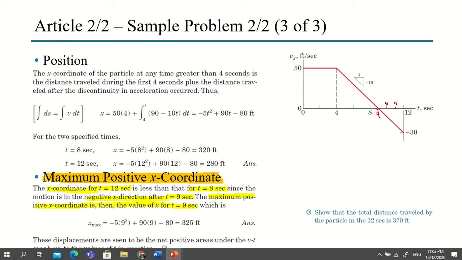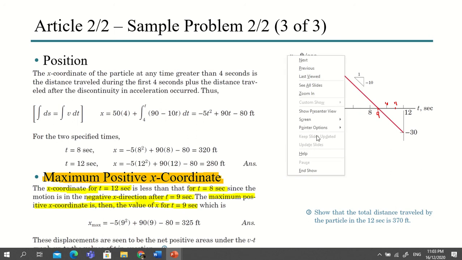After this 9 seconds, the direction is towards negative, because below is negative, up is positive. So the maximum positive x coordinate is the value of x for t equal to 9 seconds. So substituting the value of t, which is 9 seconds.